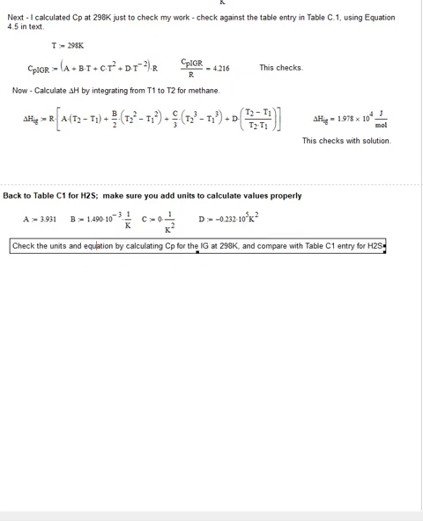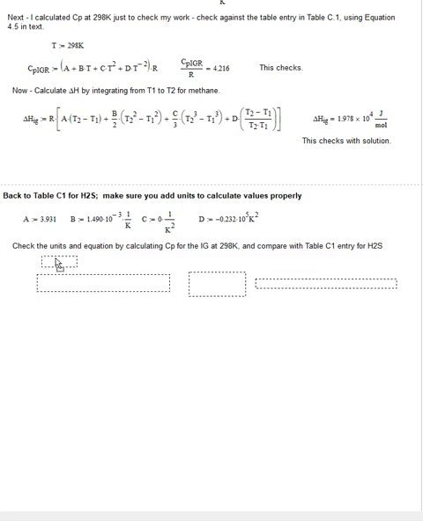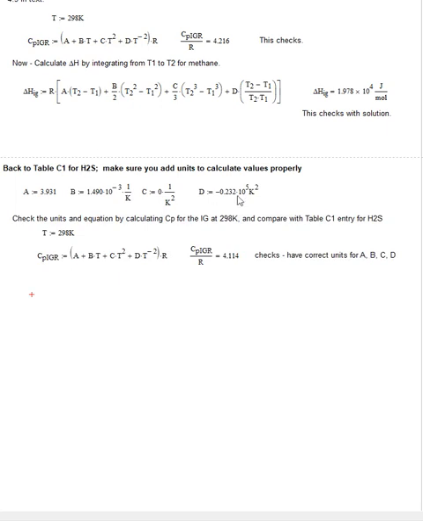Now what I'm going to do, again, I'm double checking just to make sure that I've entered everything in here correctly before I go through all these big formulas. I'm going to set the temperature to 298, and I'm going to calculate the heat capacity at 298 using this equation with these constants.